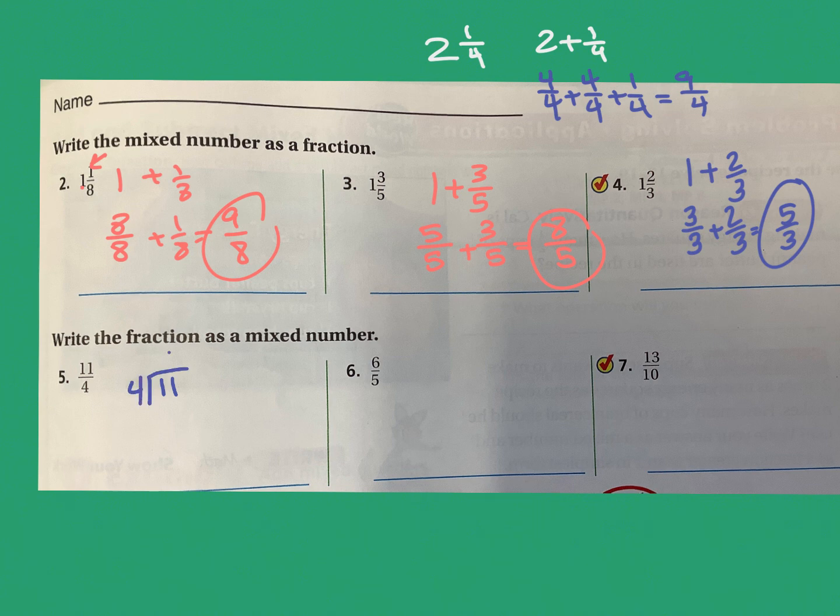Well, 4 times 2 is 8. That's as close as I'm going to get to 11 without going over using 4. 11 minus 8 is 3. So I have an answer of 2 whole, and 3 out of the 4 left over. So there that is converted to a mixed number.